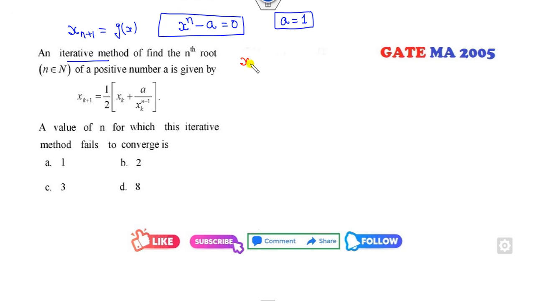Then your iteration scheme will be x_{k+1} = 1/2 (x_k + 1/x_k^(n-1)). Then for what value of n will the iterative scheme fail to converge, that means diverge? Very simple, I can choose the option.